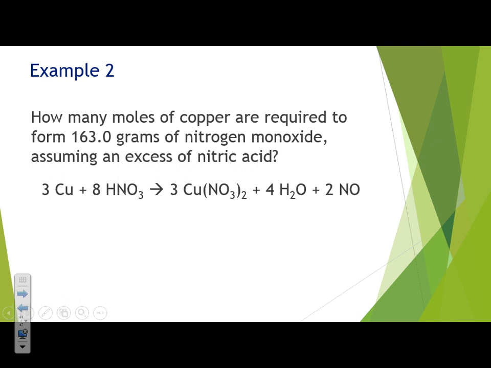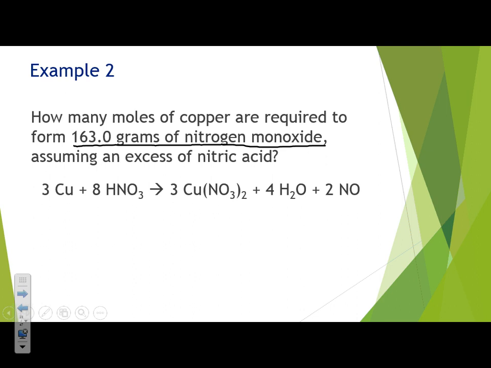So here, we're going to go ahead by reading the question first. The question says, how many moles of copper are required to form 163.0 grams of nitrogen monoxide, assuming an excess of nitric acid? So here, what we've been given, 163.0 grams of nitrogen monoxide.